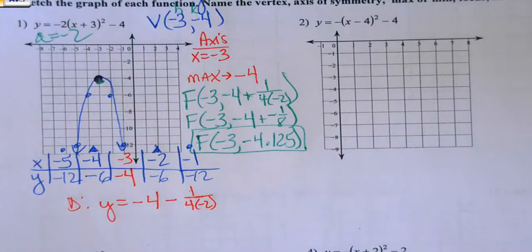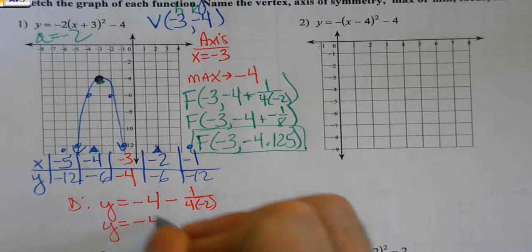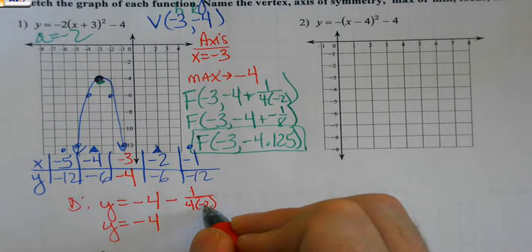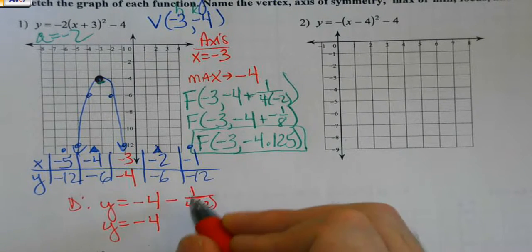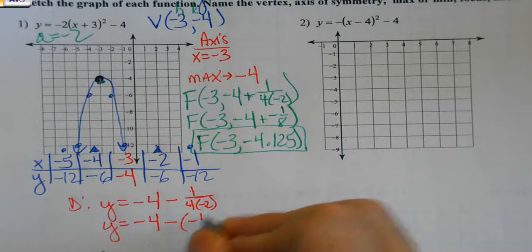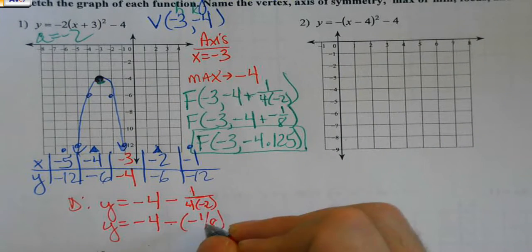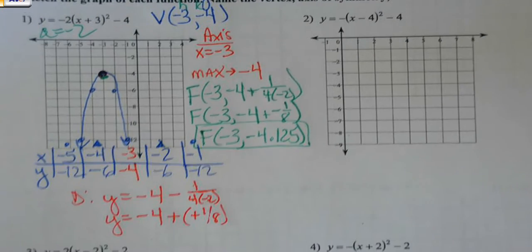Now I can use a little bit of the help that I had up here. Let's try and clean this up. Negative times negative. You're like, wait a minute. 1 over negative 8 would be minus negative 1/8, but we know that when we do minus a negative, it becomes plus.